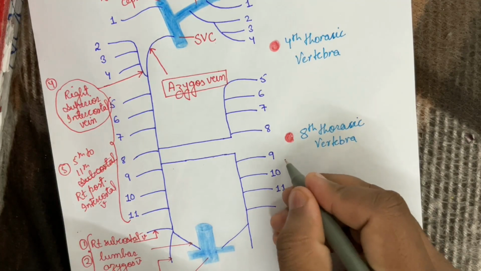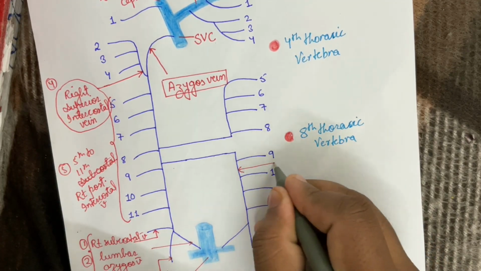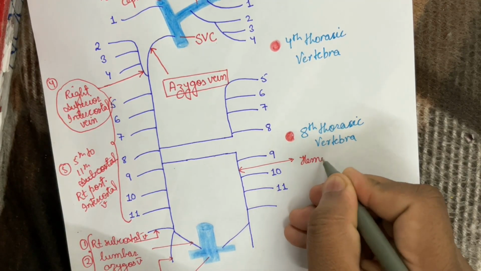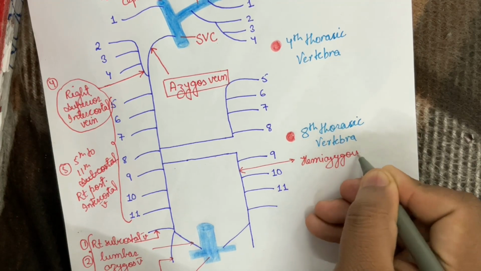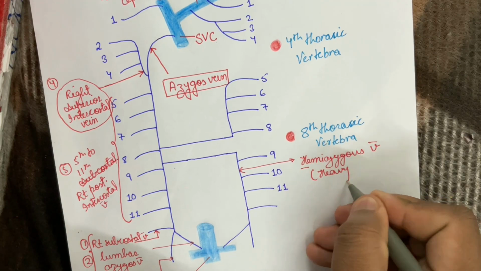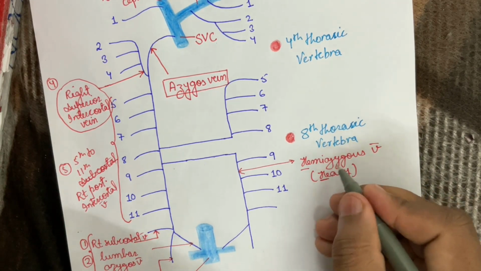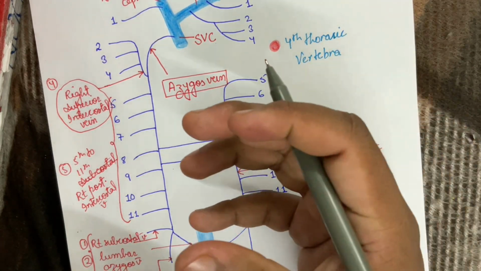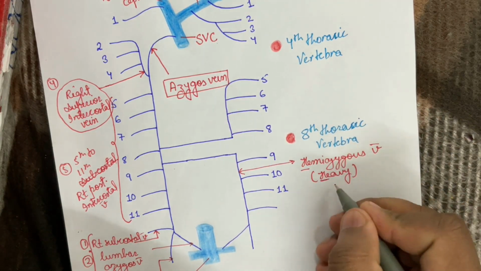Hemiazygos vein: H for heavy. The hemiazygos vein is present below, because a heavy thing always comes below. So the hemiazygos vein is heavy.